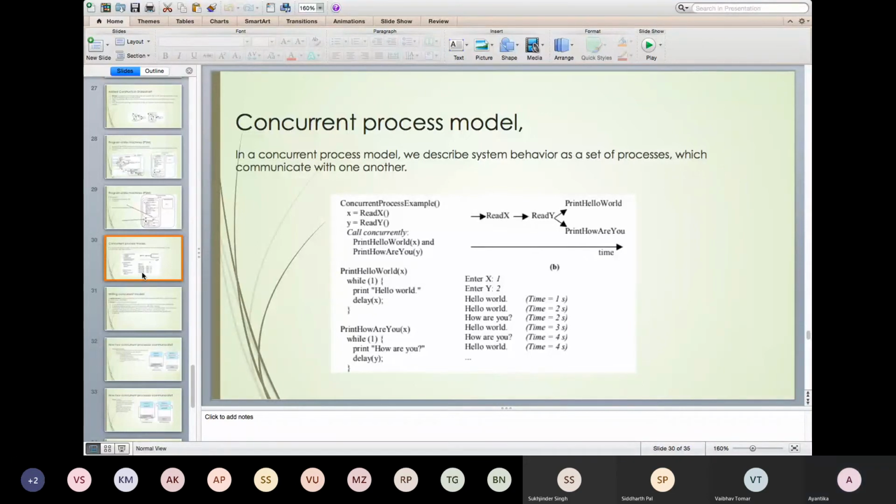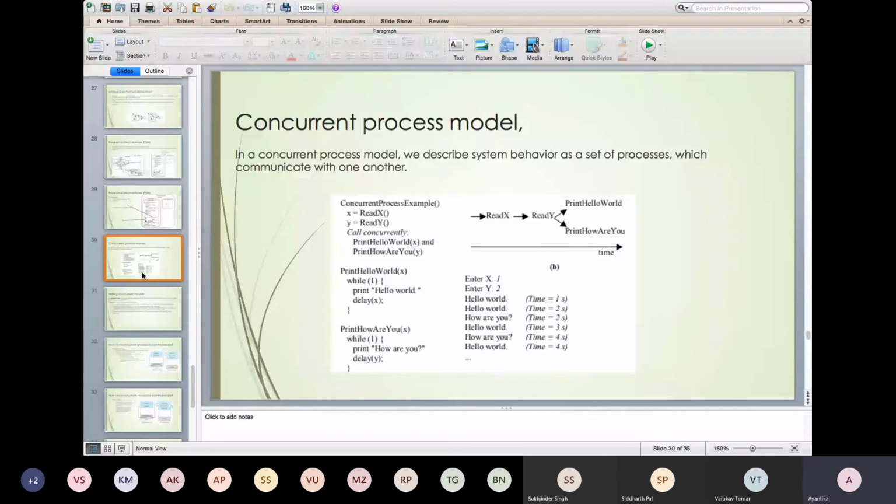with some delay. Now this type of concurrent process is a very simple example compared to what we have discussed previously. But one important thing to note is that this is very simple. Why?